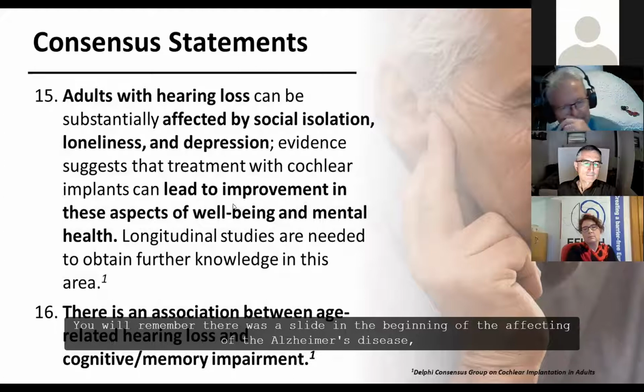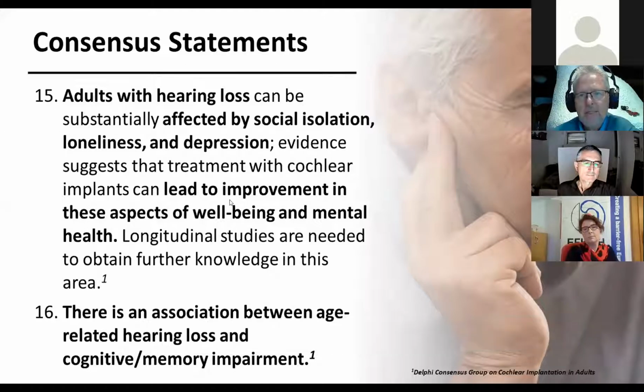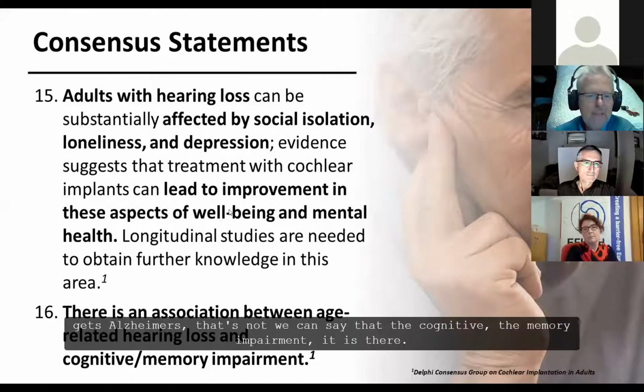You remember the slide at the beginning about Alzheimer's disease. Not every hard of hearing person gets Alzheimer's, that's not right, but we can say that cognitive and memory impairment is proven.